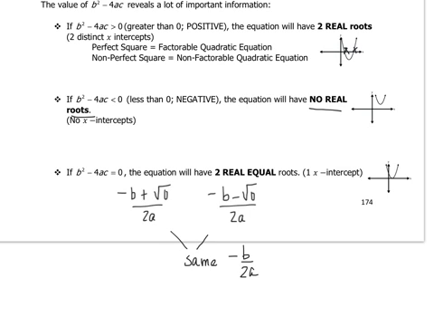So in this case, if you had a graph that's touching the x-axis at the vertex, that means there's going to be 1 solution, 1 x-intercept, or 2 real and equal roots.